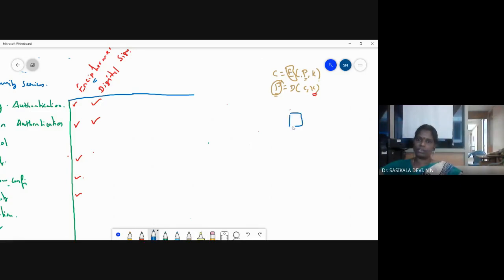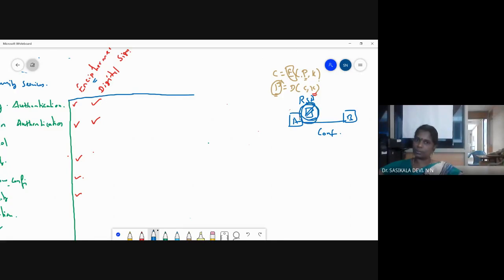So Alice, Bob. Here we need confidentiality. What can we do? The data is to be encrypted by using an RSA key. RSA is an asymmetric cryptography. Whose key is to be used here to encrypt the data?